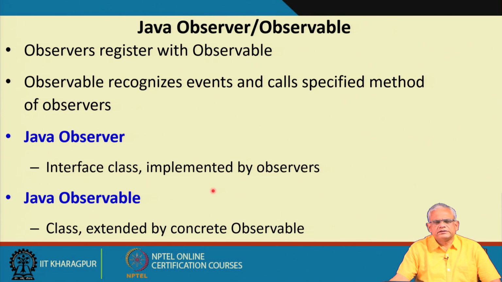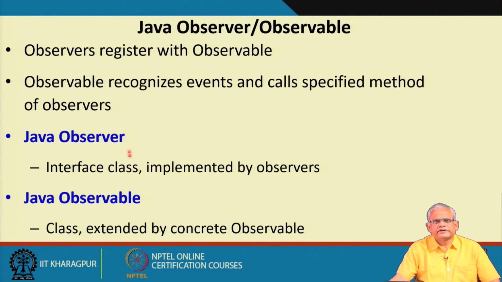Now, as usual, the observers register with the observable. The observable recognizes any change to the model and then calls notify observers. But one thing to notice is that we had the Java Observer as an interface, as always.